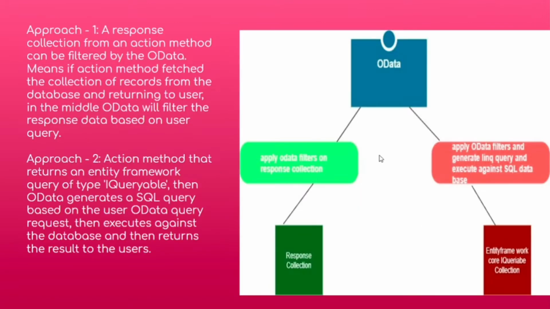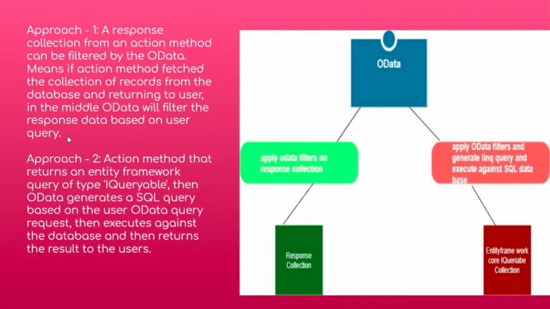If you observe this diagram, OData works in two different approaches. In the first approach, the response collection from an action method, nothing but a web API action method, can be filtered by OData. It means if the action method fetches a collection of records from the database and returns it to the user, in the middle OData will filter the response data based on the user query.